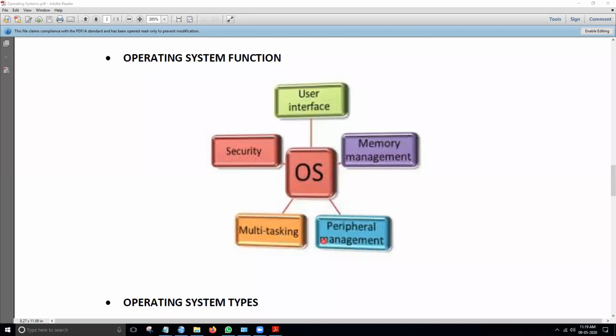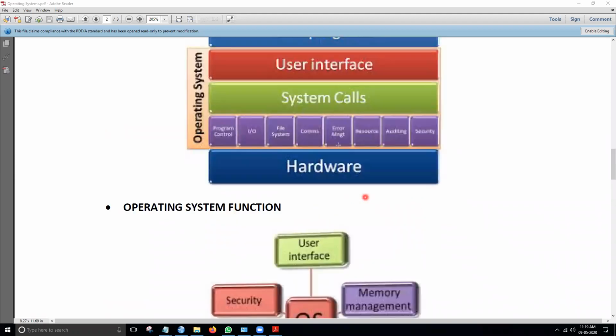You have to keep in mind that these are also part of the kernel. The kernel will also monitor how everything has to be done. So remember these five components, and many more, like device control, which is clearly specified in my notebook, and it is stated here also.